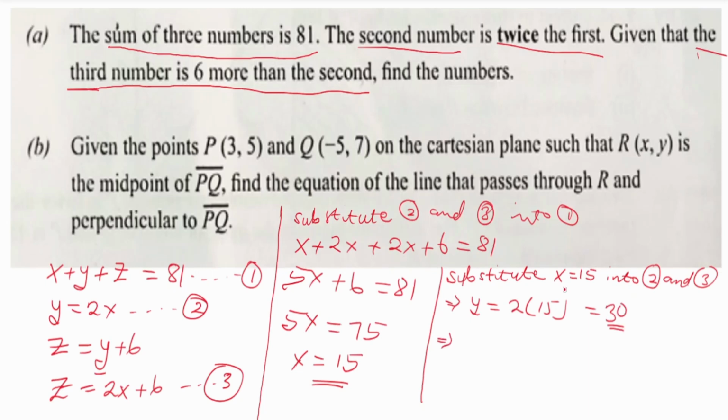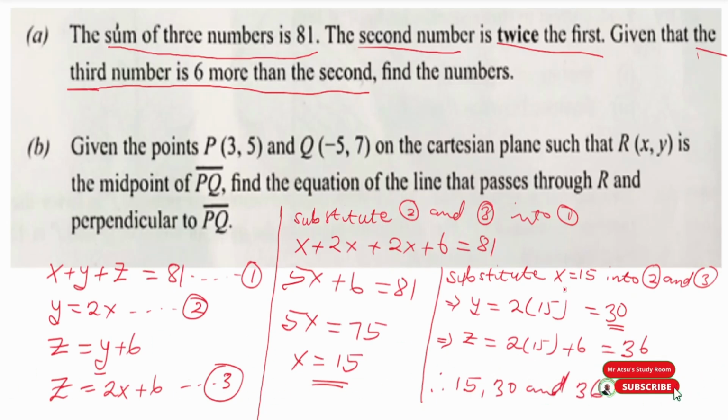And equation 3 becomes z equals 2, wherever we see x, we put 15 plus 6, and that will be 36. So therefore, the numbers are 15, 30, and 36. And when you put them into equation 1, you get 81.